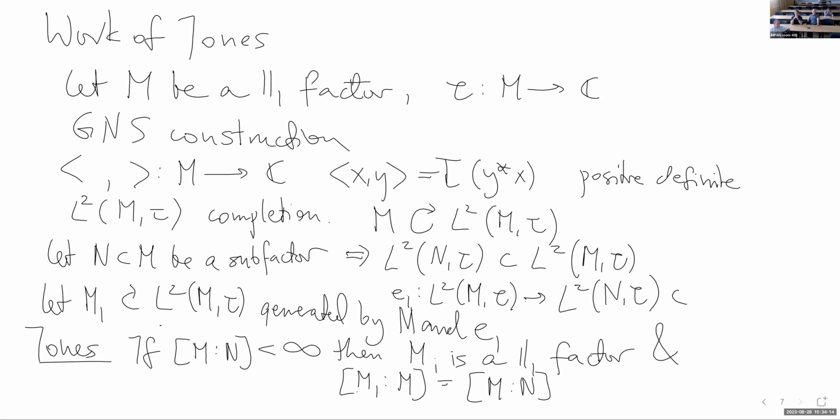It starts with N inside of M, and then you have M1 over it, and then you have M2 over it, and so on. So this is Jones's tower: M1, M2, and so on.